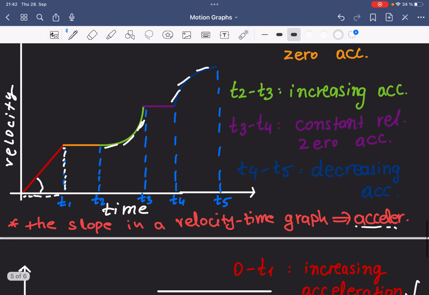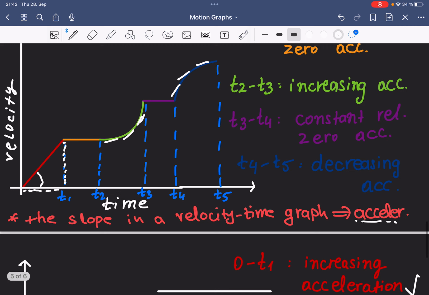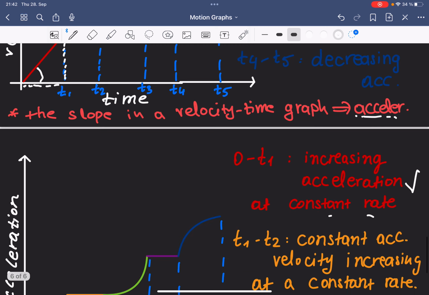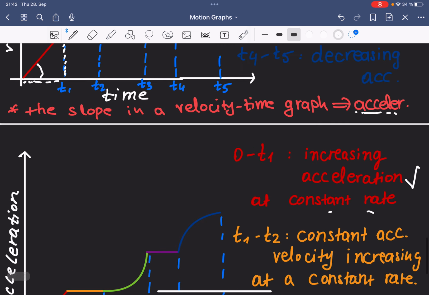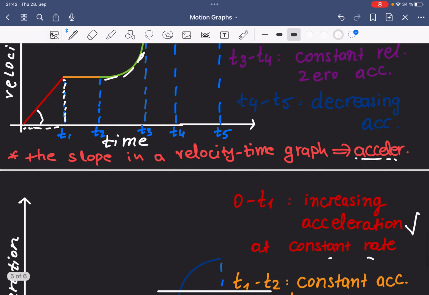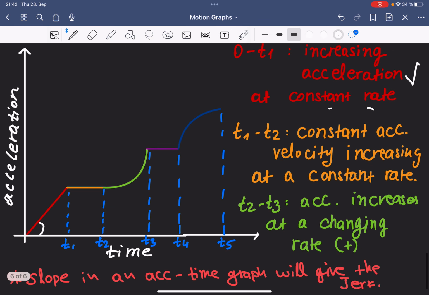So if you look at the previous one, okay, you would have, let's say, the scenario of the red line. The velocity increases at a steady rate, which would mean that your acceleration is constant. So in this case, the red line of the velocity time graph would be equivalent to the orange line of the acceleration time graph, okay?